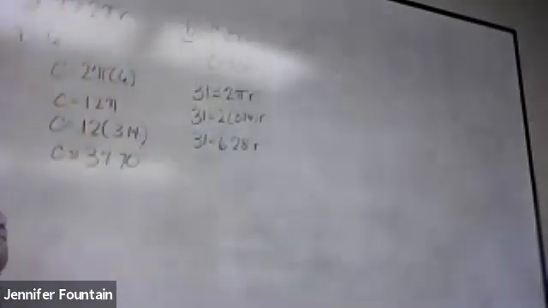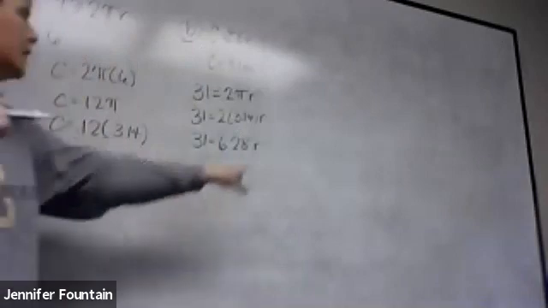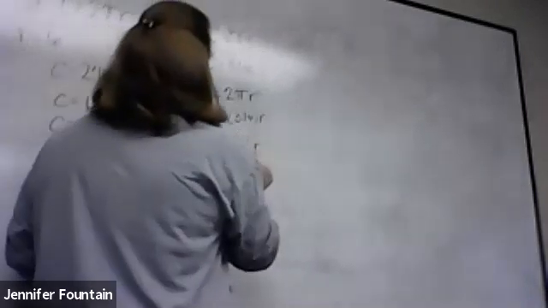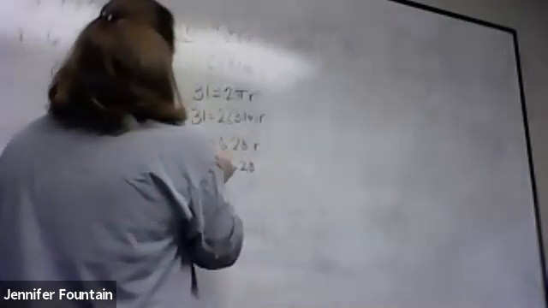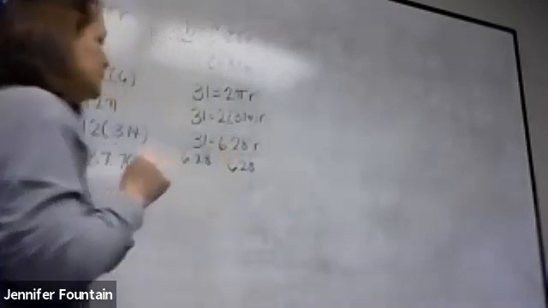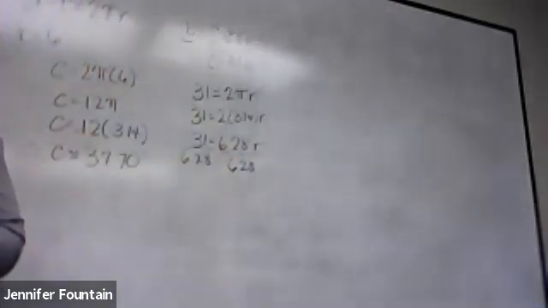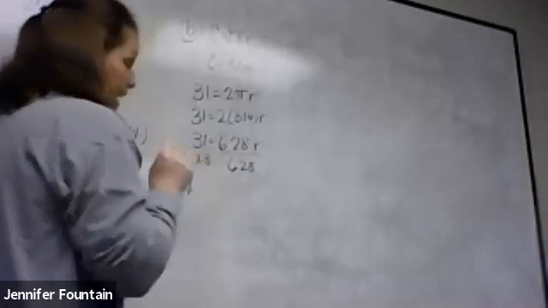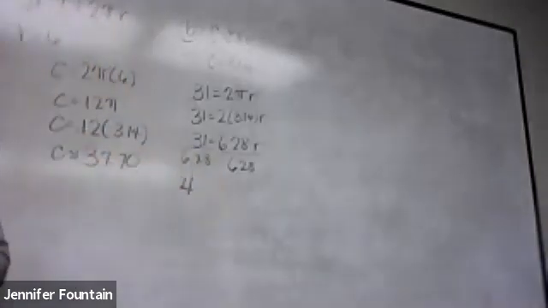Move the 6.28 to the other side. How am I going to move it to the other side? Divide. I'm going to divide it because this is multiplication. To undo multiplication, use division. 6.28, 6.28. What is 31 divided by 6.28? 4.9363. Okay, 4.9363. So what do I need to round to? 4.90.